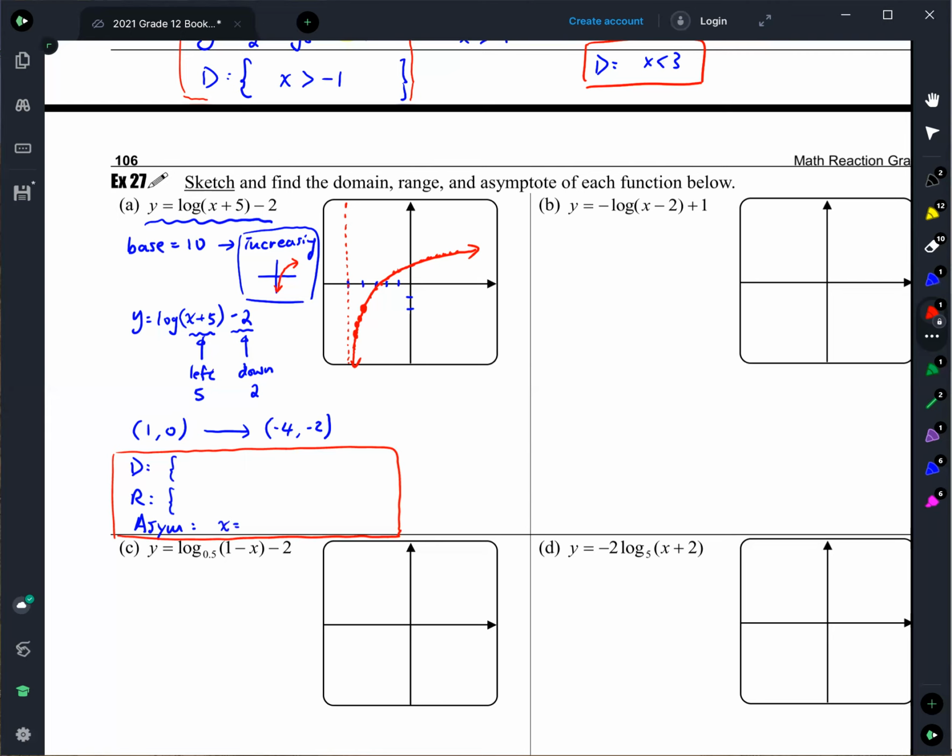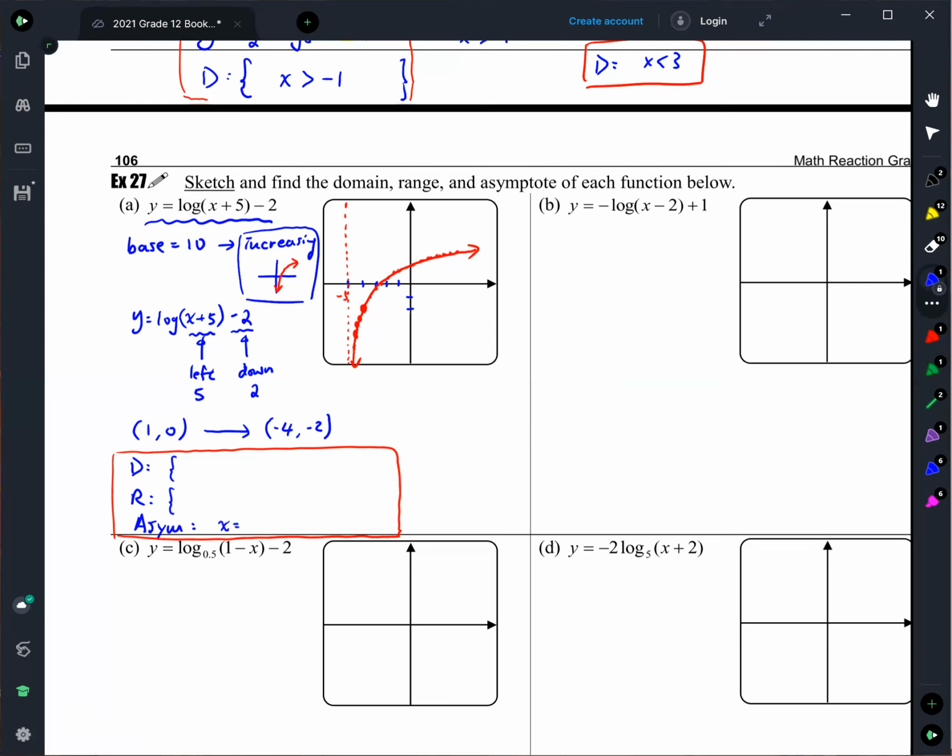Mm-hmm. So if you're trying to go to the left, it's getting closer and closer to what x values? -5. Yeah. So the graph has to stay on the right side of -5, right? So what would you say the x value, the domain?